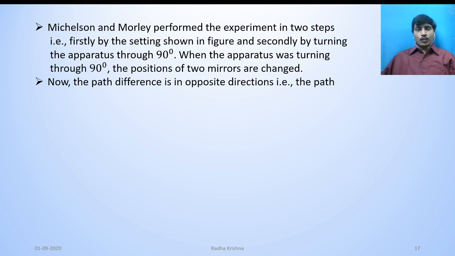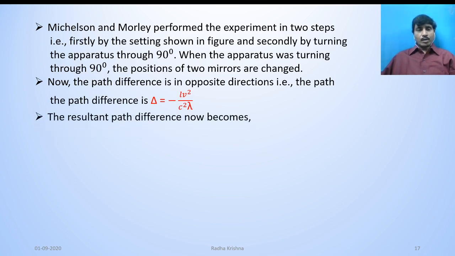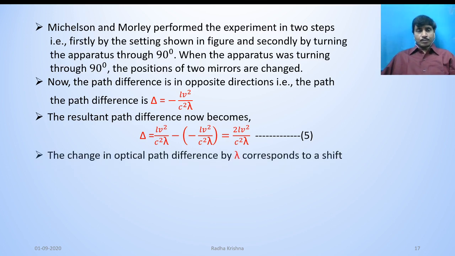Now, the path difference is in the opposite direction, that is, delta is equal to minus LV square by C square lambda. The resultant path difference now becomes delta is equal to LV square by C square lambda minus of minus LV square by C square lambda, that is equal to 2LV square by C square lambda, that is equation 5.